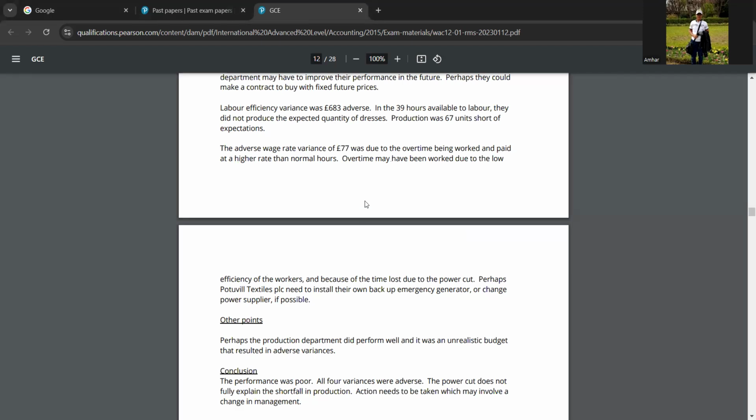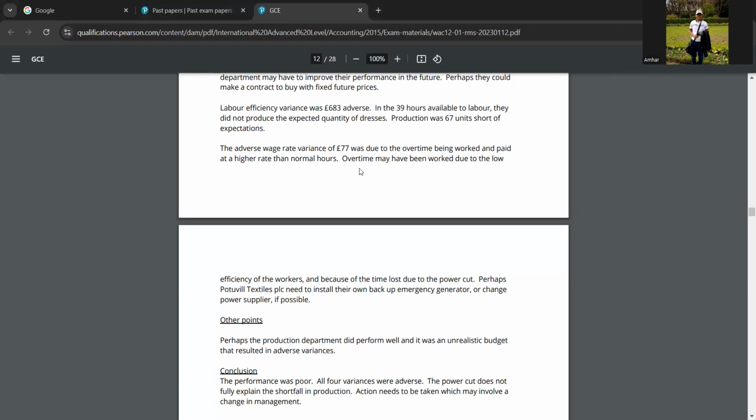So they have taken overtime. They have taken more time to produce those dresses. So that's why the wage rate variance is adverse, because when they work overtime, they will be paid a higher rate for the overtime being worked by the labor. So the wages will increase. So that's why the wage rate variance is adverse.